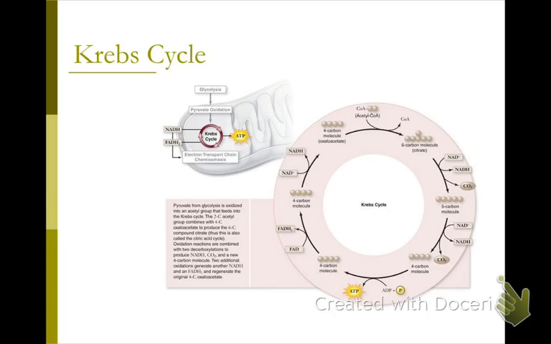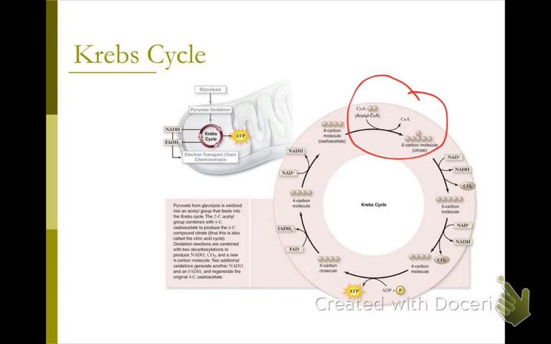The next section is the Krebs cycle. Again, you don't have to memorize the Krebs cycle, but you do have to know what's going in and what's coming out. Remember last time we talked about these cofactors, these coenzymes. One of the cofactors you have to use in the Krebs cycle is called coenzyme A. That coenzyme A is actually what starts the Krebs cycle.